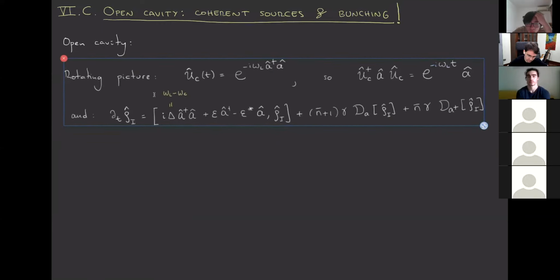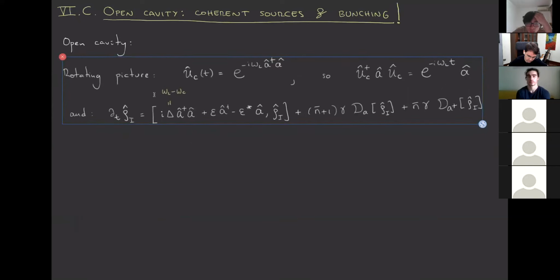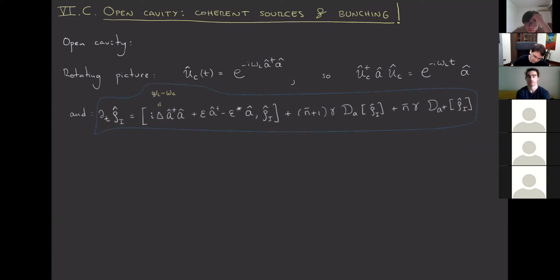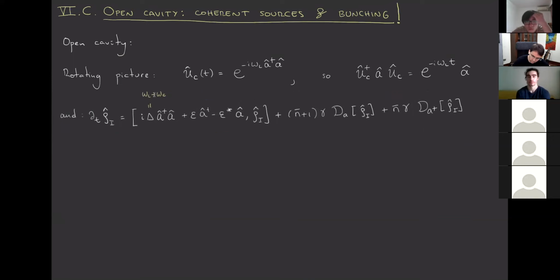So this is what we saw. And in particular, what's interesting is that this master equation is time independent. So I will call this just the time independent Lindbladian acting on the state in the intermediate picture, in the rotating picture.